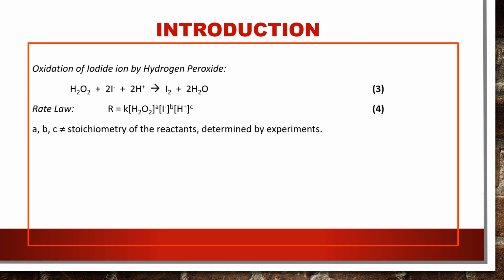Remember, the order of the reactants is not equal to the molar quantities of that reactant. It is only determined by experiments such as this one, the initial rate method.